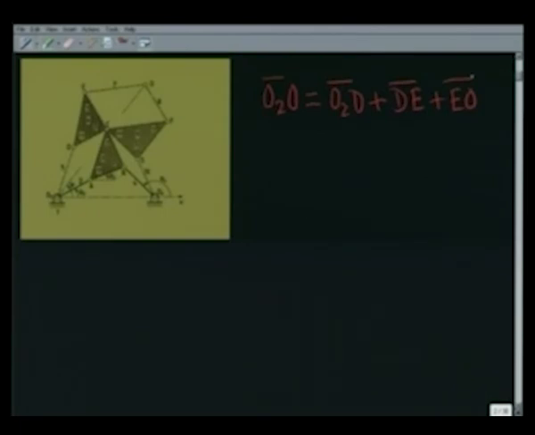One has to note that in this particular mechanism, O2ACD, this is a parallelogram. Similarly, O4BCG, that is also a parallelogram, and OECF, that is another parallelogram. That means, the link AC is same as the link O2D, link length EO is same as the link length CF, and so on.